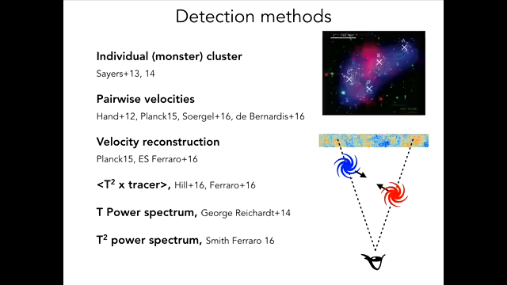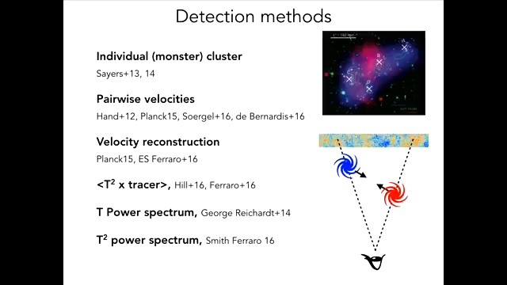Naively, what you would want to do is take your temperature map. If you know there's a cluster here, you just look at the temperature there. If your signal to noise is not high enough, you average it on the positions of many clusters, you do stacking. And you would hope to get a nice average profile of your cluster. The issue with KSZ is that since it's proportional to the velocity, the sign alternates, depending on whether the object is moving towards you or away from you.